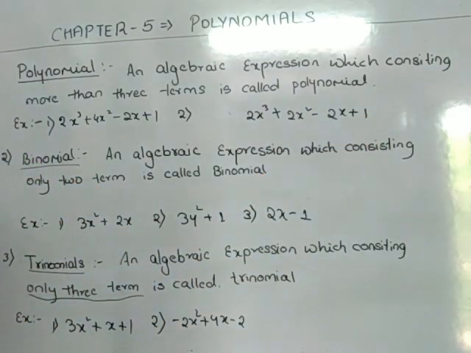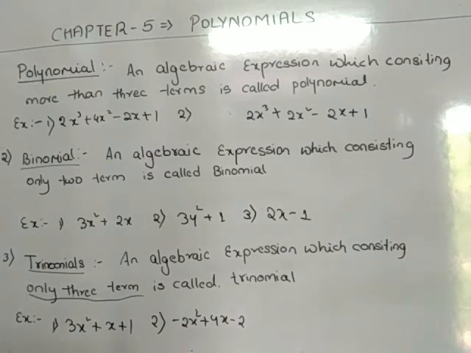Even this is also what? An algebraic expression which has 4 terms. So it is called a polynomial here. Okay. These are the examples for polynomials. You can give some more examples, but here I have taken only 2 examples to define the polynomial.